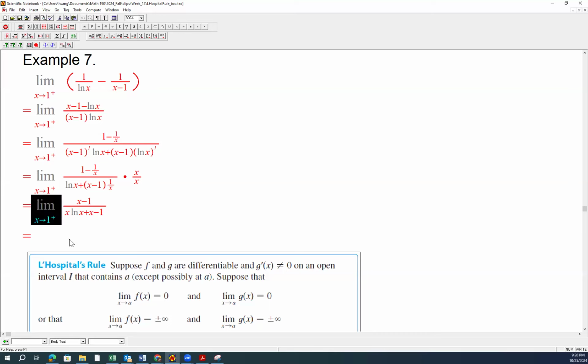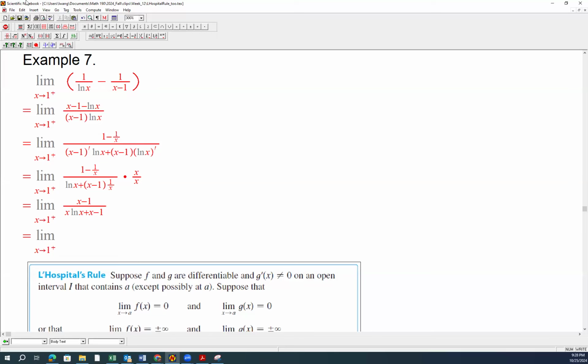So the derivative of the top, x minus 1, is just a 1. The derivative of x times ln x, we're going to have to apply product rule. Okay, so we're going to first differentiate that piece. Okay, so let me just show you here. This is a product rule.